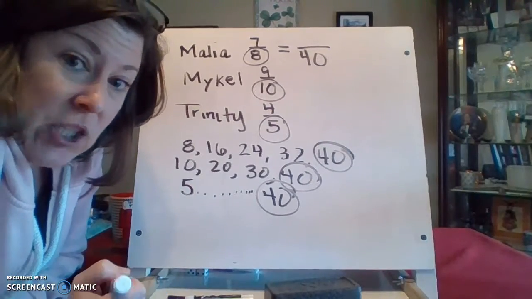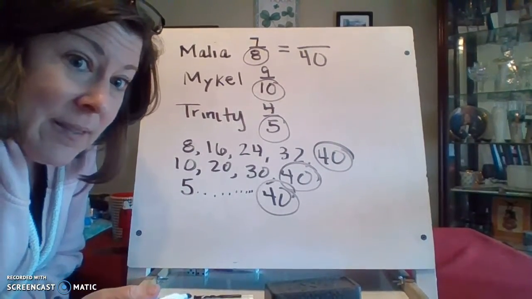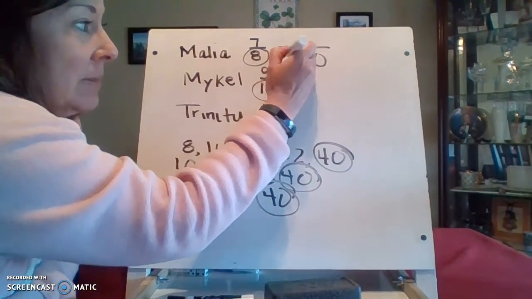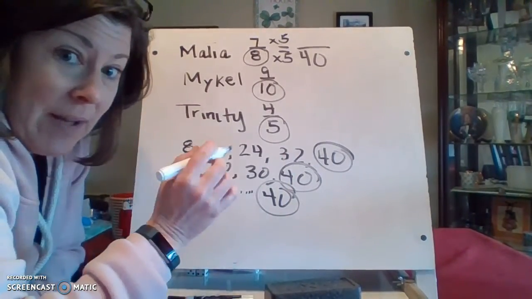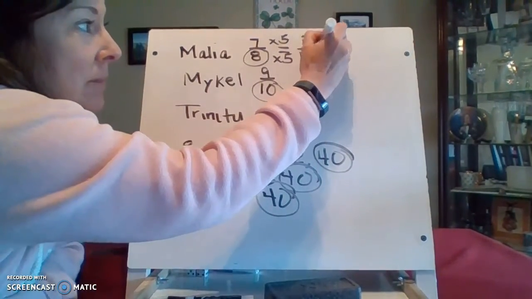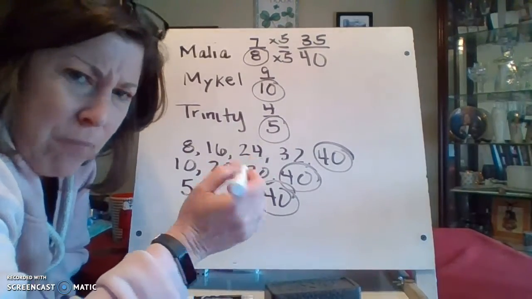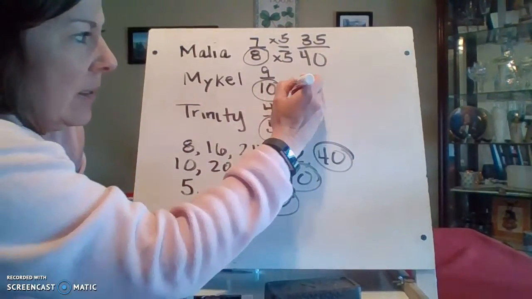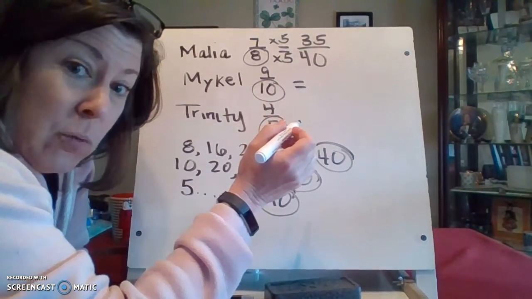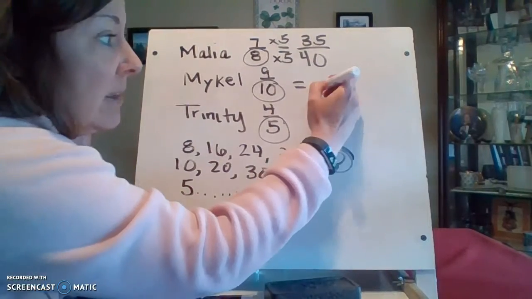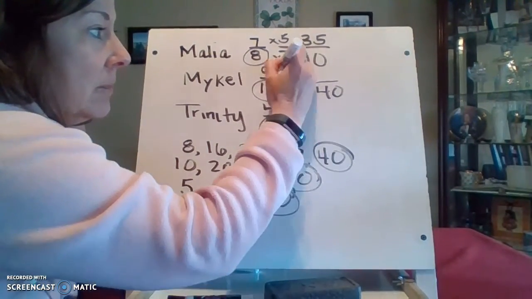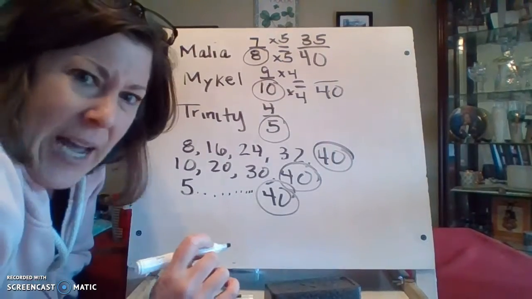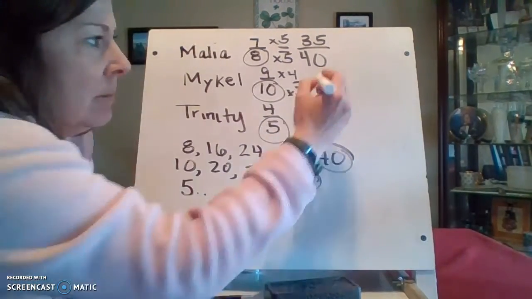In order to change eighths to 40ths, I have to multiply by 5. So I end up with 35/40ths. To partition tenths to 40ths, I have to multiply by 4.